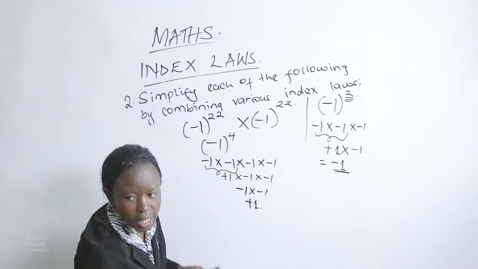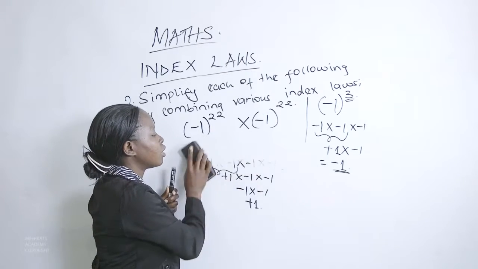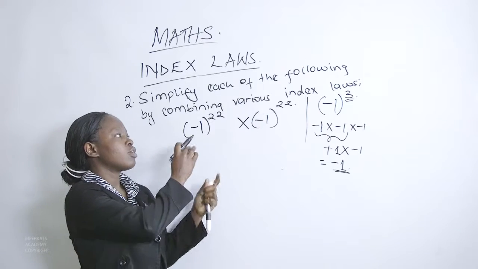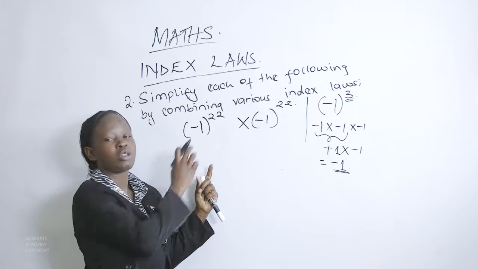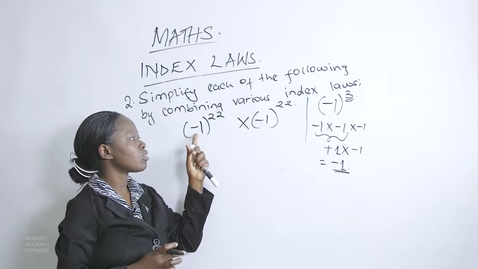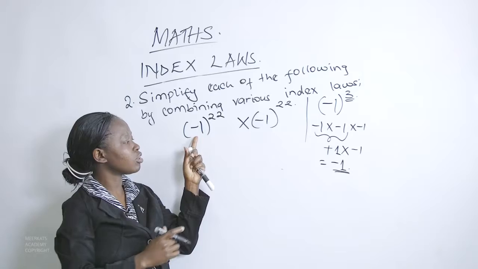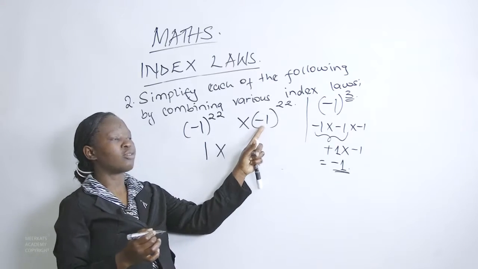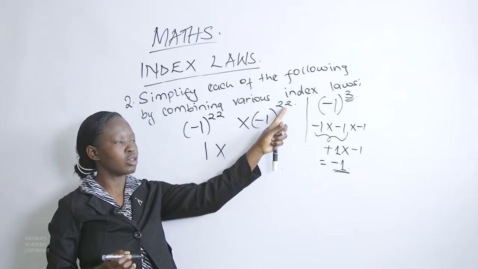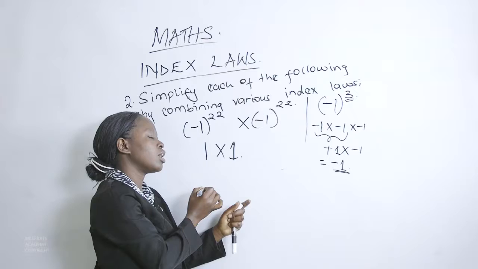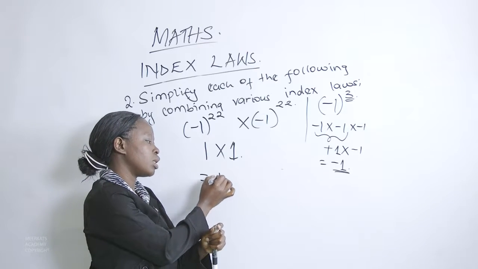So we conclude our calculation: we have negative 1 to the power of 22, and 22 is an even number, so it gives us a positive 1, and 1 times 1 is simply 1.